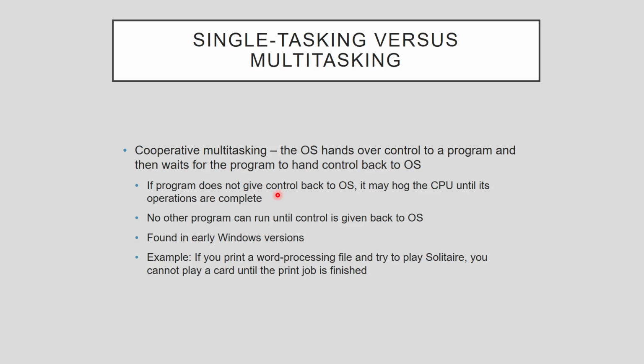And this could also be a problem if some of the programs on the computer are time sensitive. If a program must collect data every second or regularly update a clock, a cooperative multitasking environment may cause trouble. And you will find this behavior in older operating systems such as the early Windows versions.